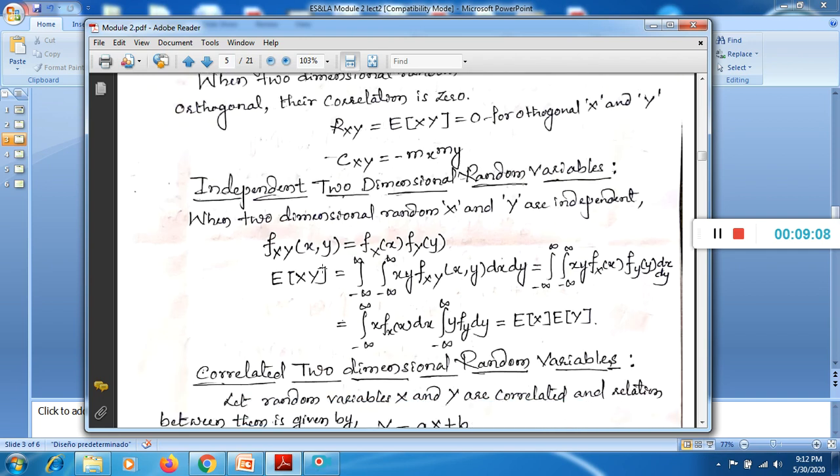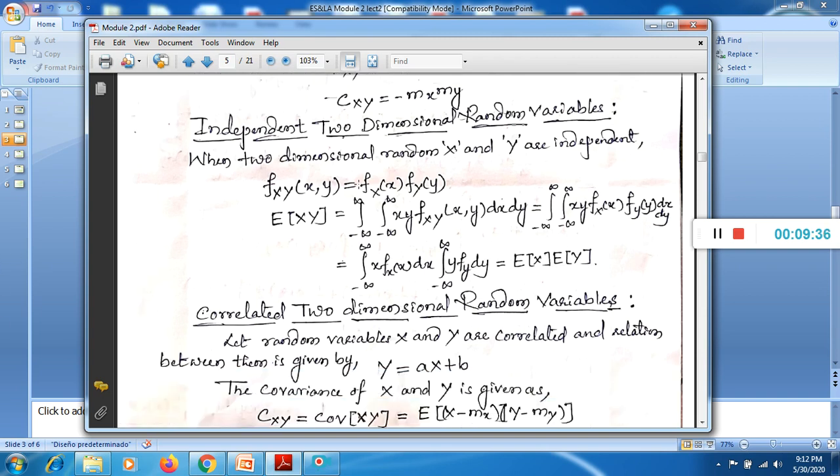So let's find the expectation e of x and y, which will be given by the double integral of xy fxy of x, y dx dy. Then which will be given in this fashion, x into fx of x dx and y into fy of y dy, which is nothing but ex into ey, in case x and y are independent.